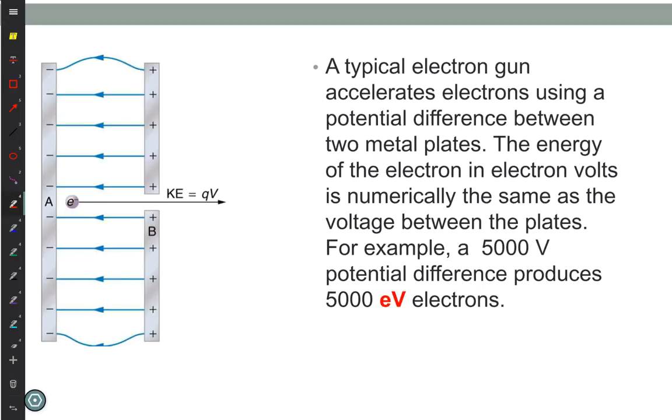If the electron is obviously going to be repelled by negative, attracted by positive, so it's going in the opposite direction as the electric field. And if it goes through a voltage difference of 5,000 volts, what will its kinetic energy be when it comes out? How much work will be done?